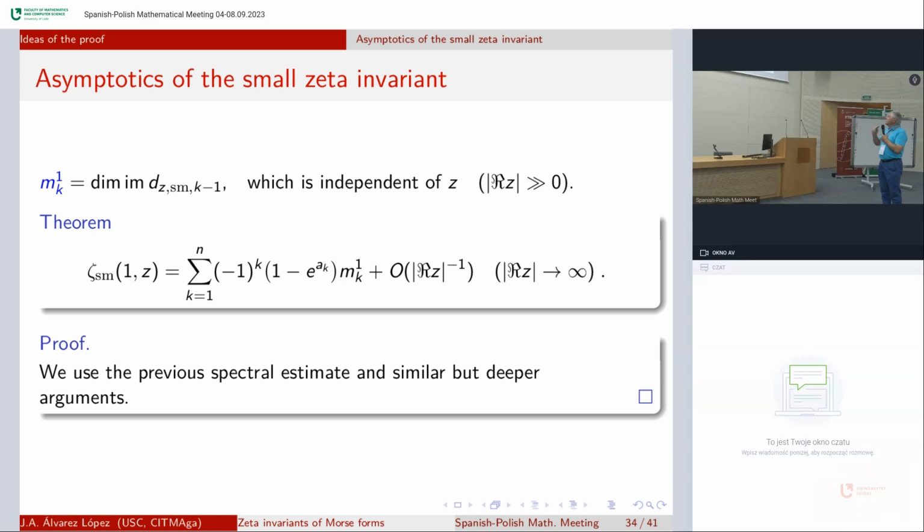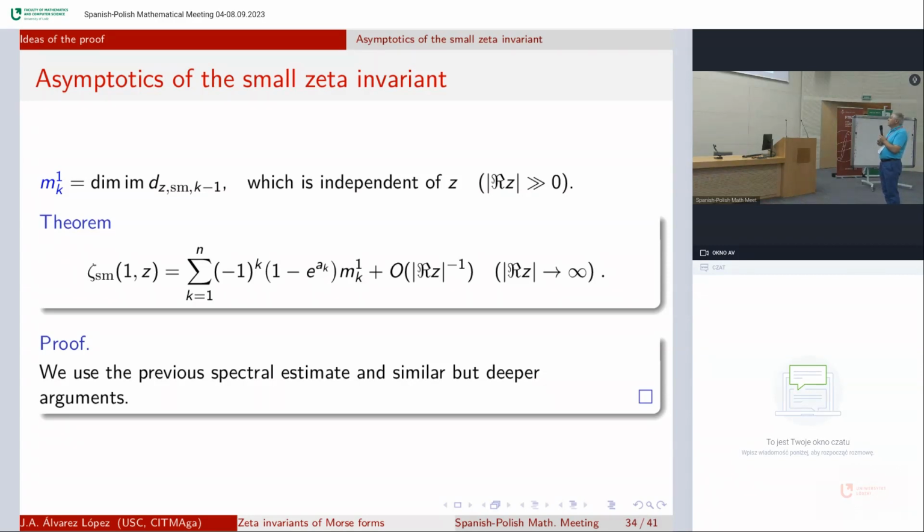Okay, now the asymptotics of the small zeta invariant is given by this theorem. I denote by m1k the dimension of the image of the small differential on degree k. So it's the small differential defined on degree k minus 1, which is independent of the parameter for large enough real part.